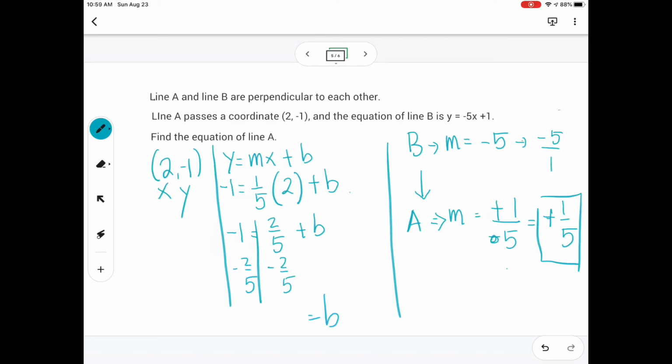So b equals -1 minus 2/5, which is -1 and 2/5. And if we put it into an improper fraction, it's -7/5. So the final answer will be y = 1/5 x - 7/5.